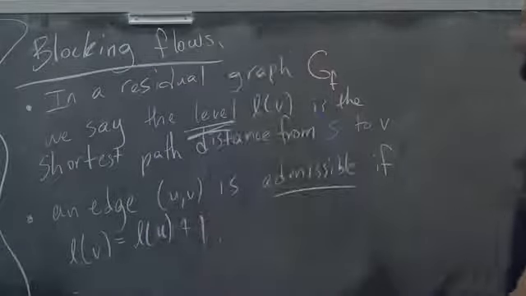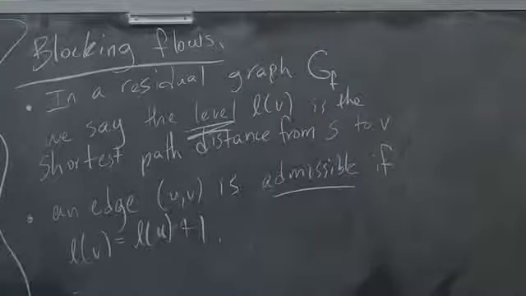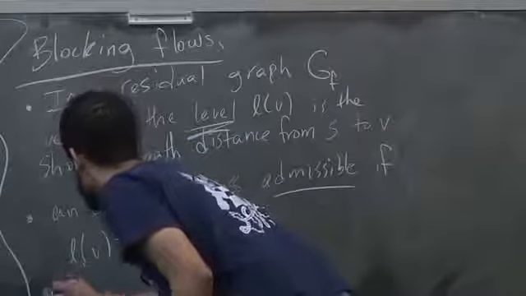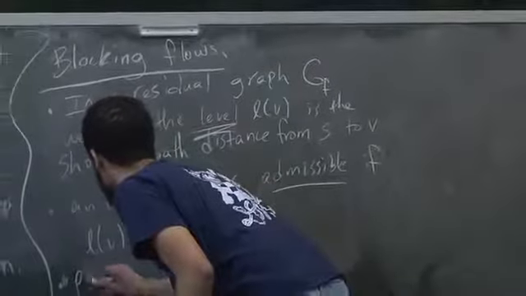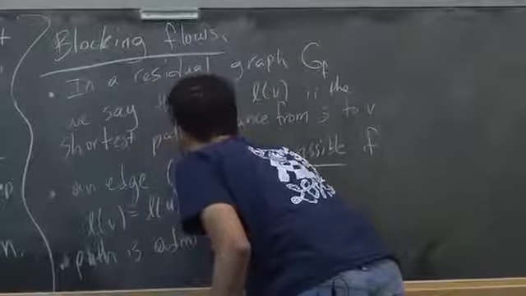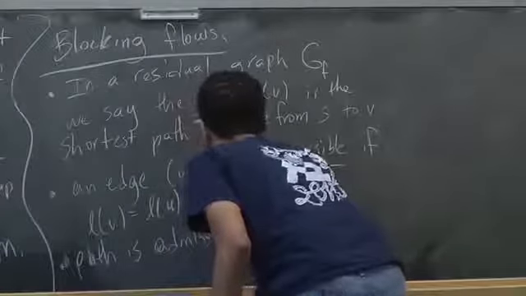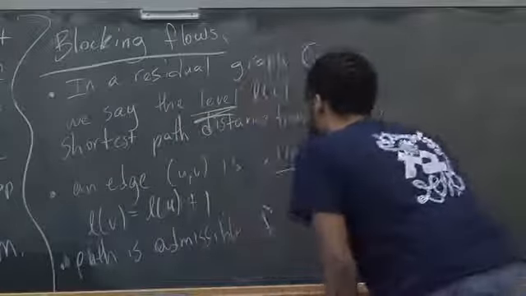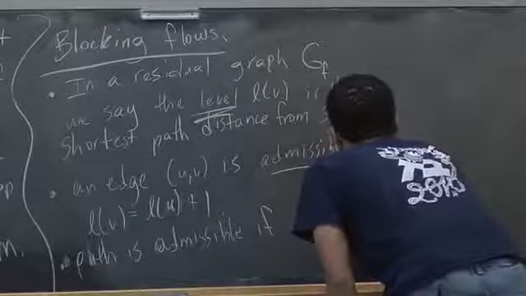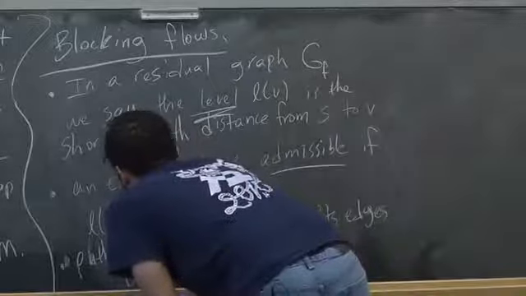So we're only allowing edges that are along the shortest path. A path is admissible if all its edges are admissible.